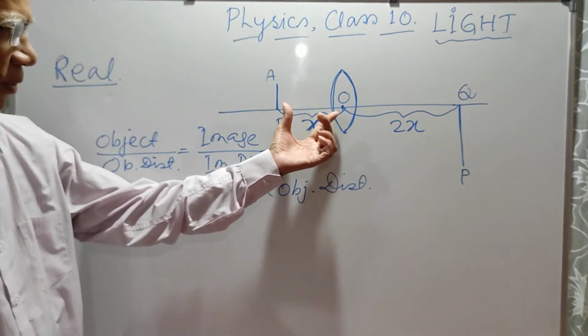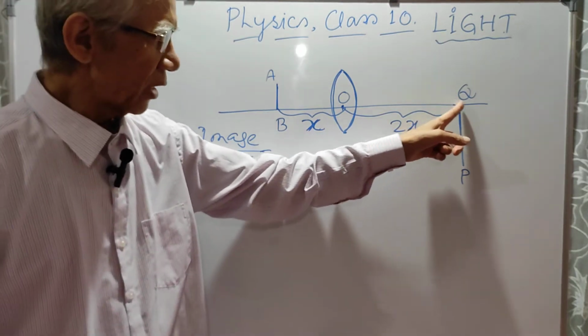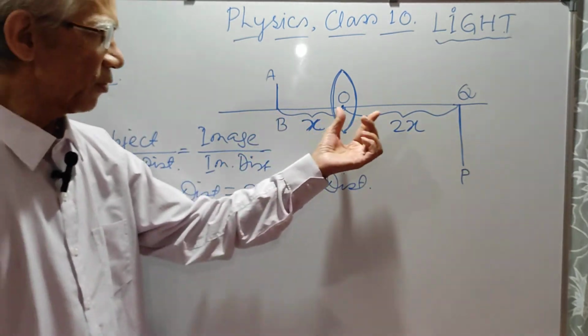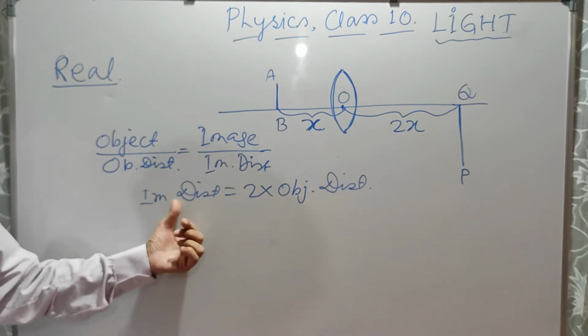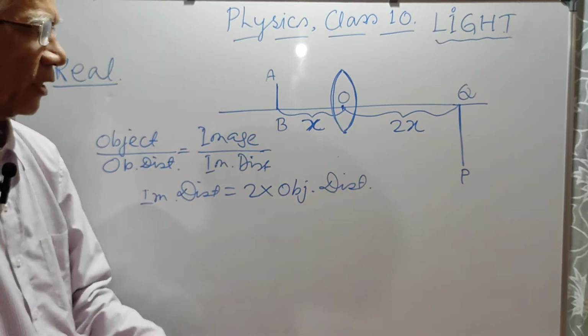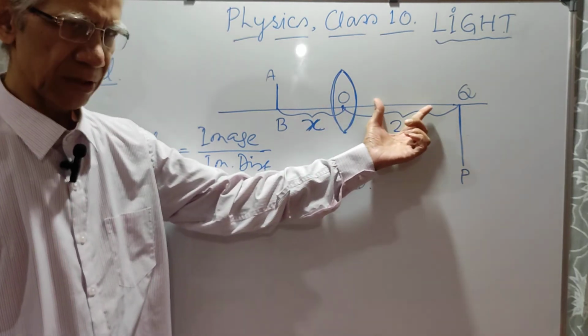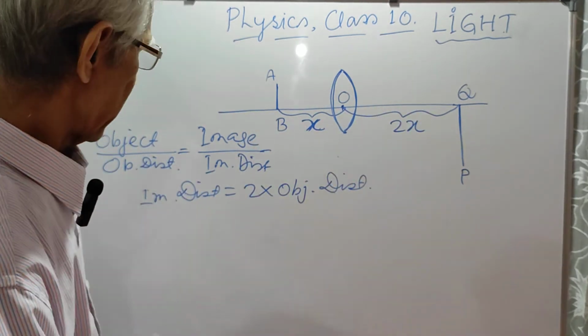Followed? So object distance x, the image is 2 times the object, therefore image distance will be 2 times the object distance. So if this is x, that will be twice x. Followed?